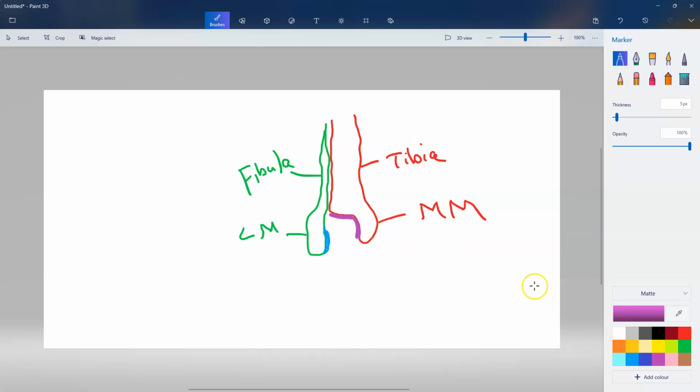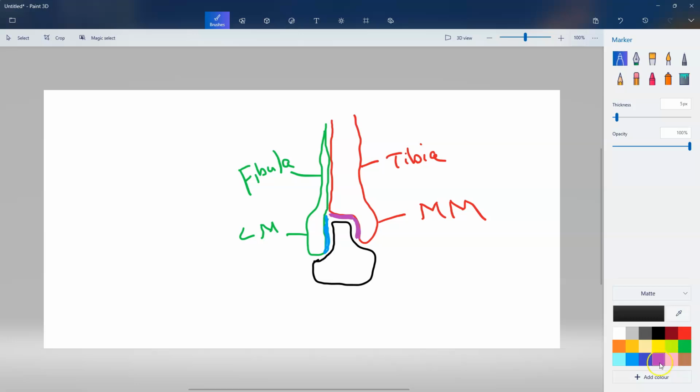So we've got a relatively large area for articulation here: on the lateral malleolus, off of the medial malleolus, and off the tibia itself. So when we place the head of the talus in there, it actually fits like so.